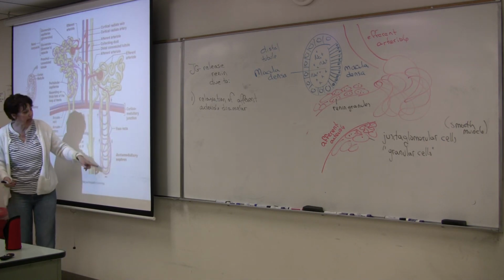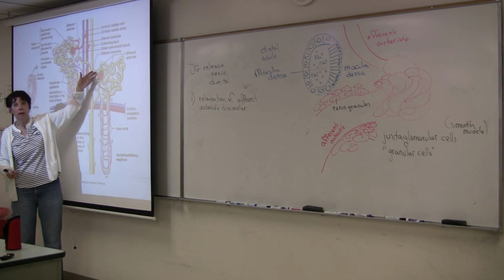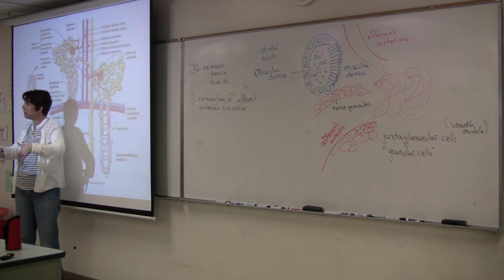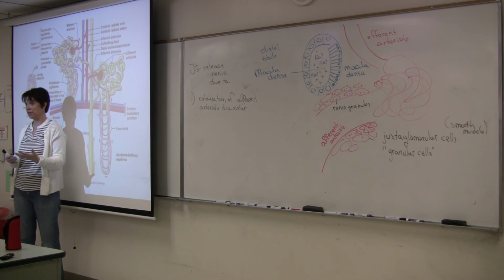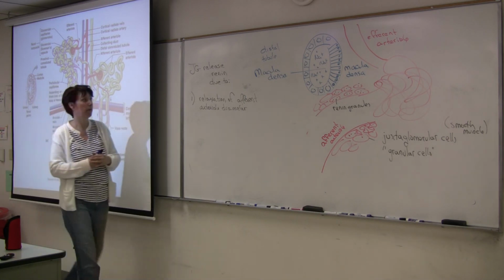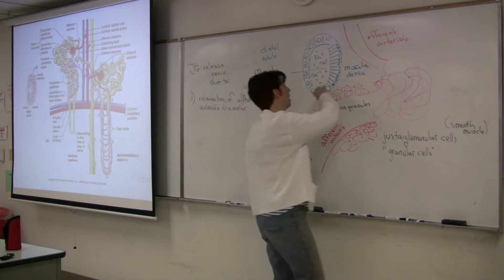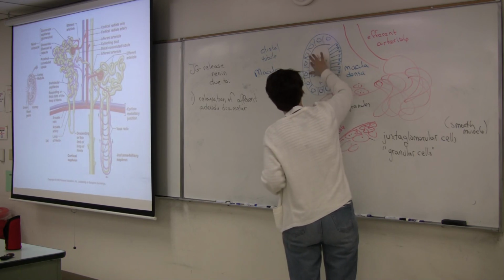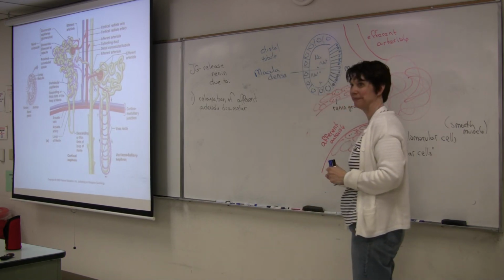So when it gets back via the distal tubules up here into our macula densa, there's going to be a decrease in the number of sodium ions available in the solution. Okay? So if filtration pressure is low, fewer sodium ions will be present in the filtrate.